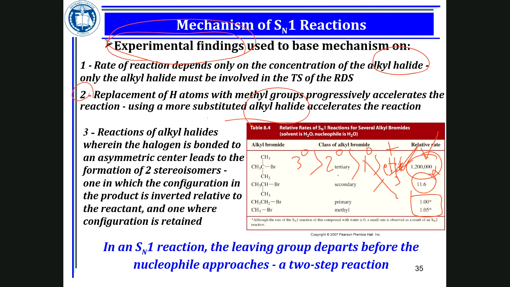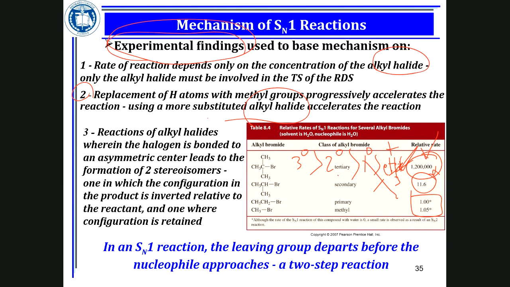The reaction of alkyl halides, when you have an asymmetric carbon, is going to yield two different products. So basically they are racemized, or you get a racemic mixture. That means if you start with the S reactant, you will end up with a mixture of R and S product.